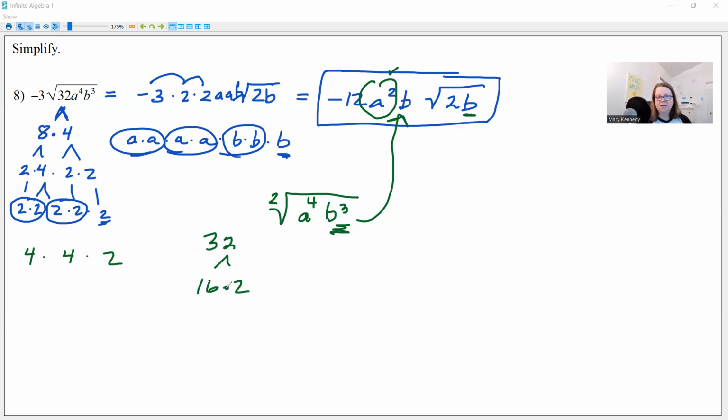But I didn't think of that. I thought of 4 times 8, and it works, and I get the right answer. But 16 is a perfect square. These are all square roots. We're not writing all the little individual square roots, but the square root of 16 is 4. And so there's the 4 that we got out of this. And then we have the square root of 2 left over.